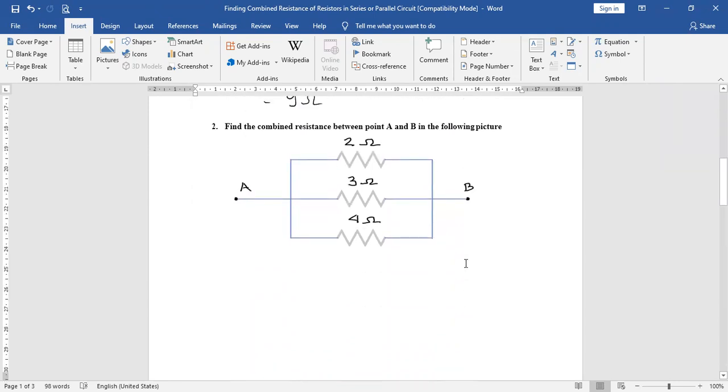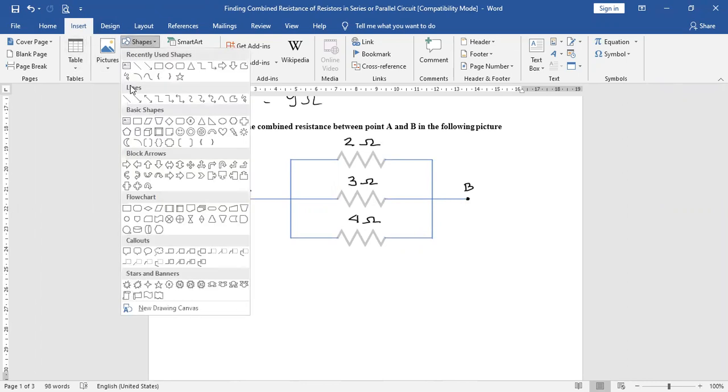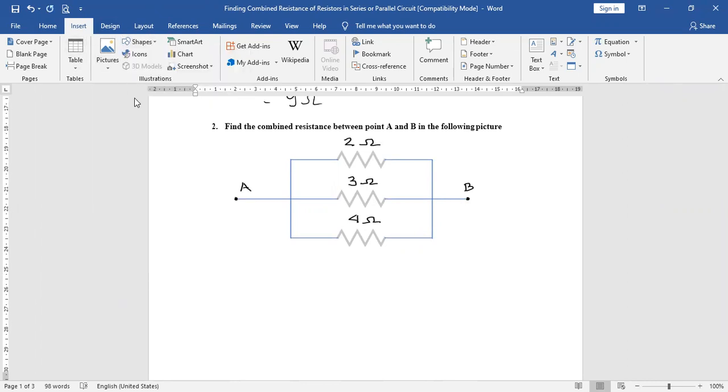Okay, now for the second one, maybe I need to rewrite the equation, because you cannot see it directly. So 1 per R equals 1 per R1 plus 1 per R2 plus 1 per R3.